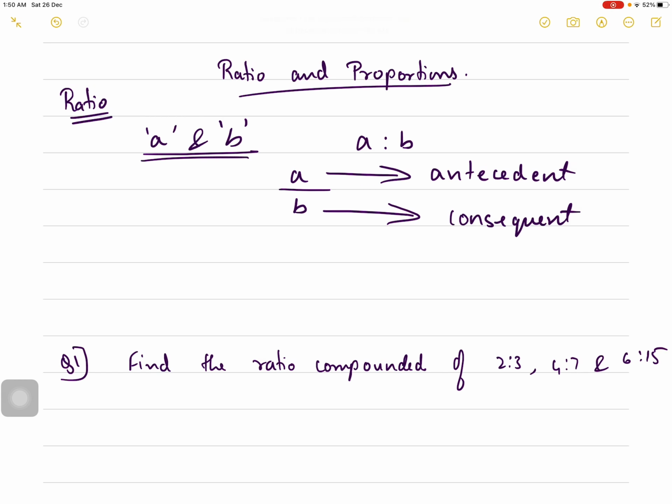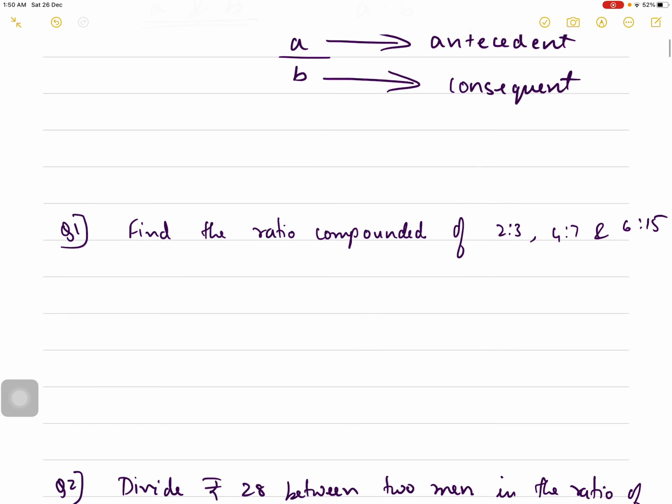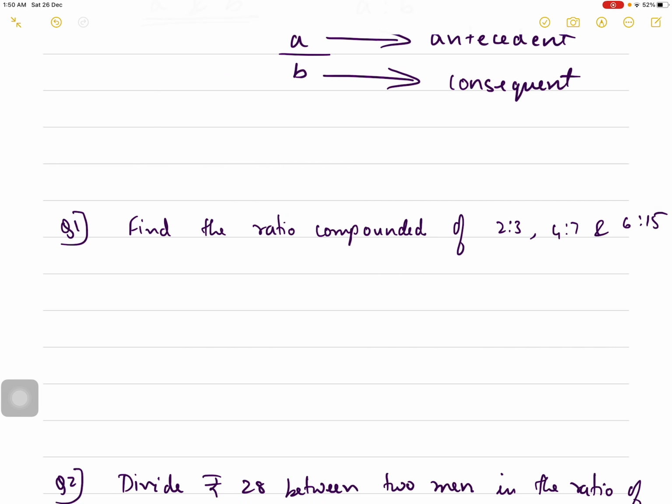Let's see the first question. Find the ratio compounded of 2:3, 4:7 and 6:15.